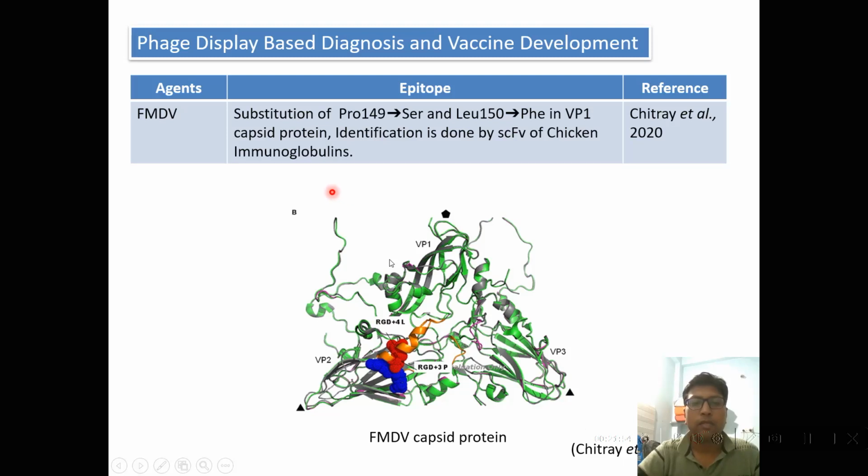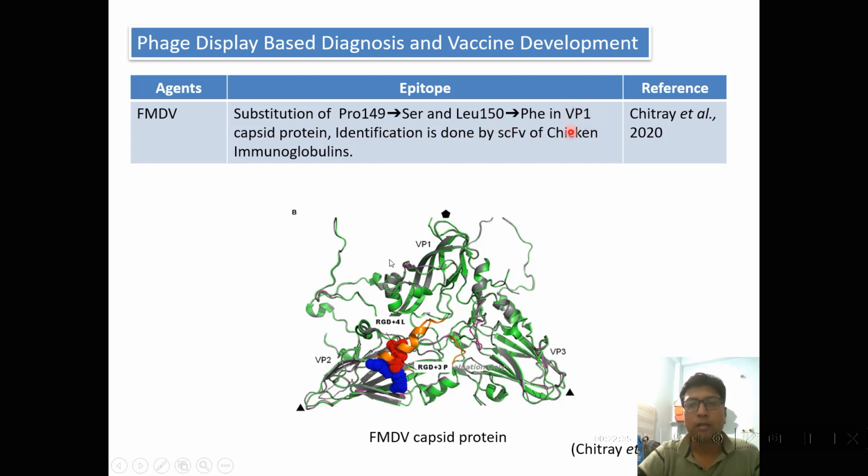Here is the first example, the development of a diagnostic kit and vaccine by using phage display technology. Chitre et al. reported why the FMD vaccine failed: because there is a change from proline to serine and leucine to phenylalanine at amino acid positions 149 and 150 of the VP1 protein.